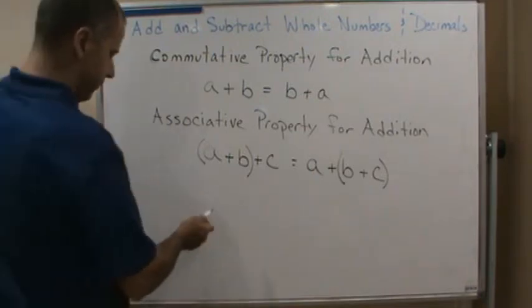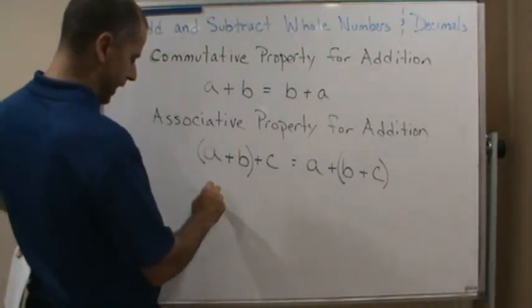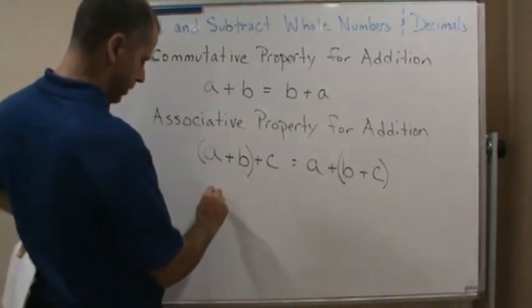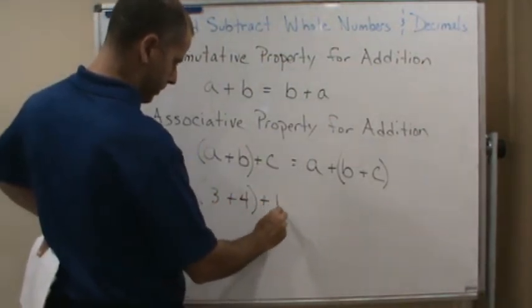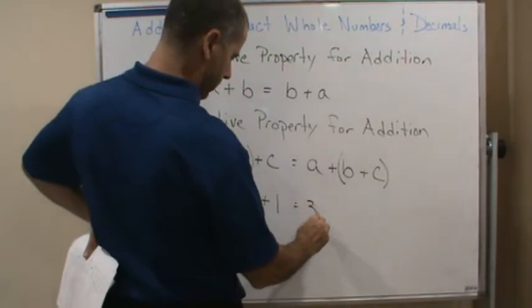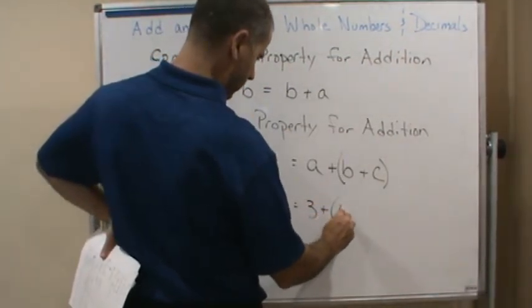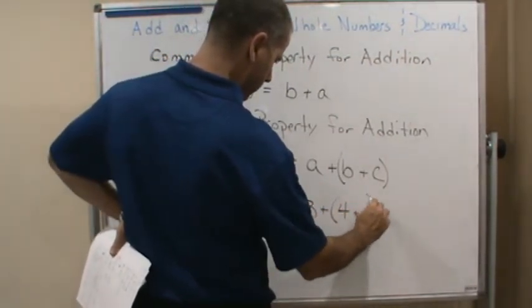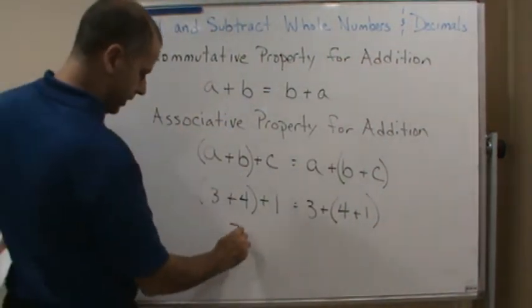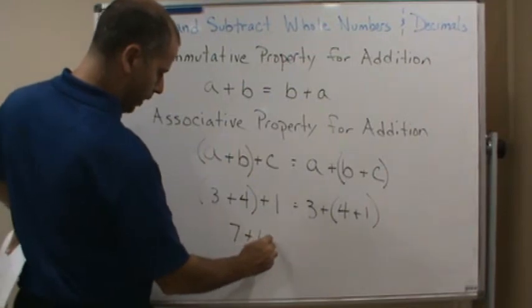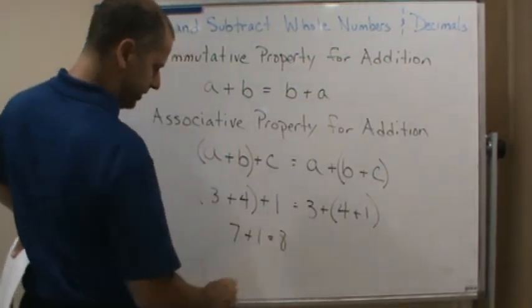A quick example: if I add these two first, that's 7 plus 1, which equals 8.